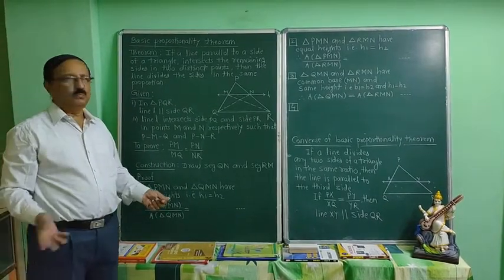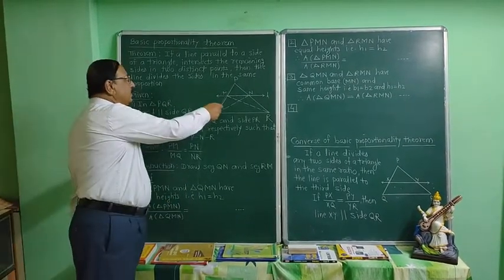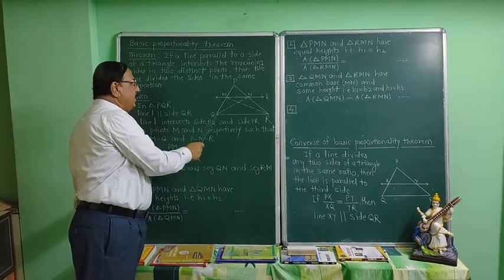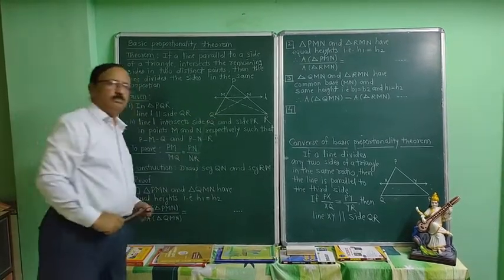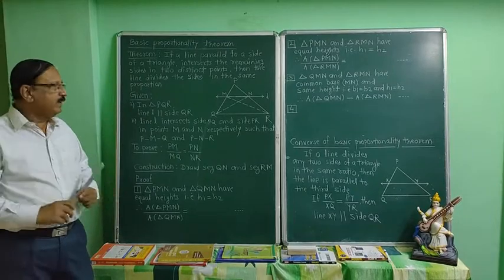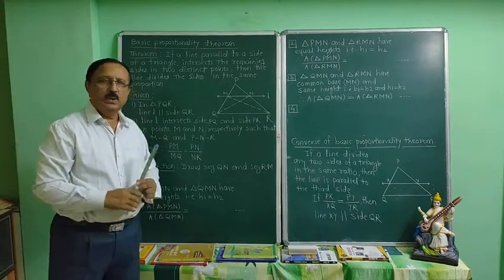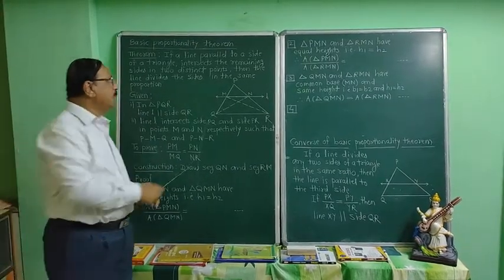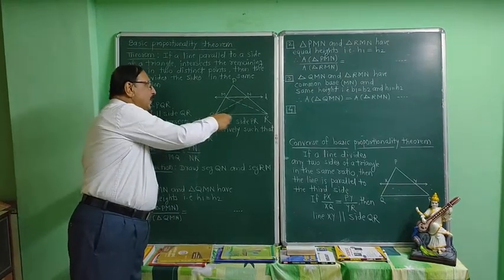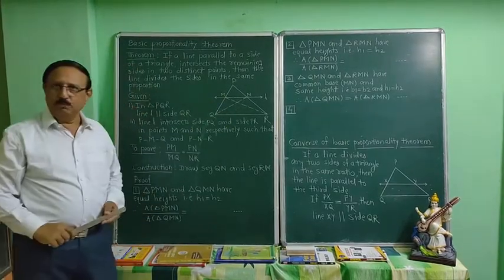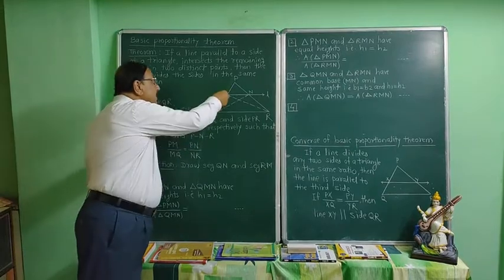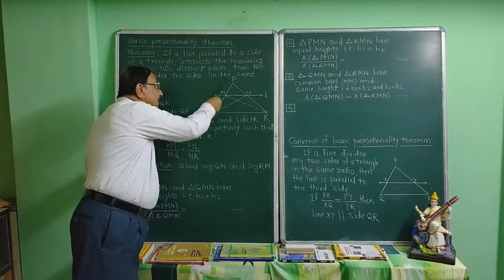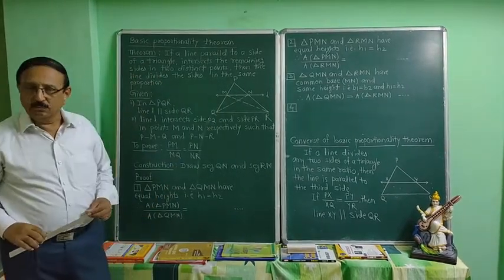Now proof. There are two triangles, triangle PMN and triangle QMN. These two triangles have equal heights. Why are the heights equal? Because these two triangles have a common vertex N and their bases PM and MQ are collinear.